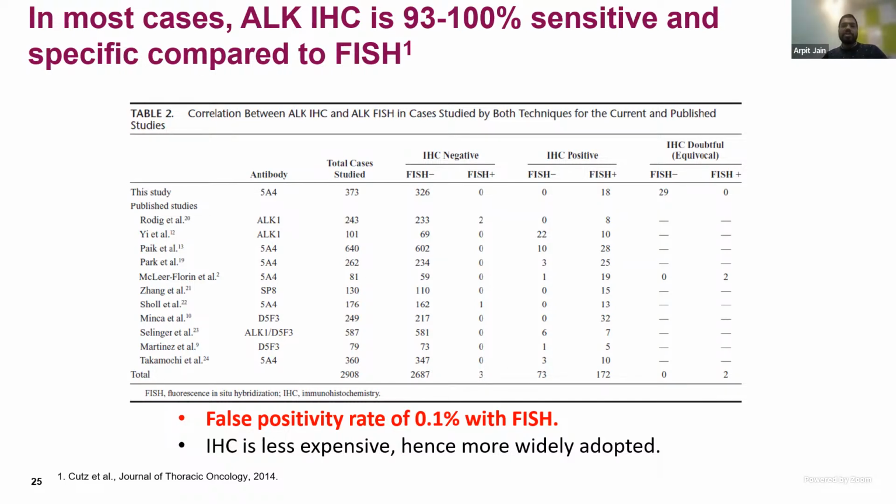But as per a study which was conducted at RGCI, our institute, there is about 25% discordance between IHC and FISH for detecting ALK, and about 15% discordance between ALK by IHC versus NGS. So definitely ALK by IHC could be a better screening modality, but it needs to be confirmed with the use of FISH. Again, there is about 0.1% false positivity rate with the use of FISH.